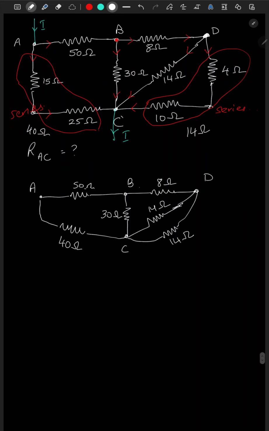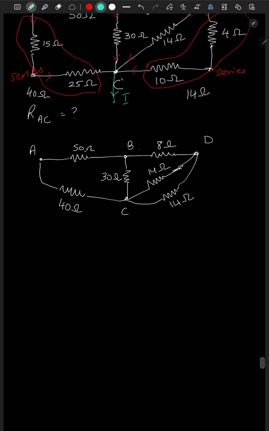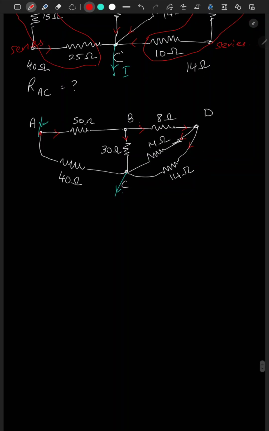Okay, now let's redraw this current, assuming that it enters at A and leaves at C. So now the path, the current will divide over here, so some of it will go to B and part of it will travel to the 30 ohm, and here the current will divide. Okay, so there are two branches, these two must be in parallel.